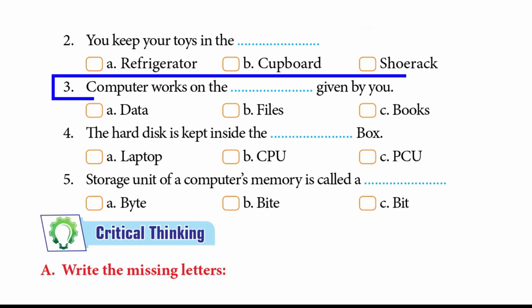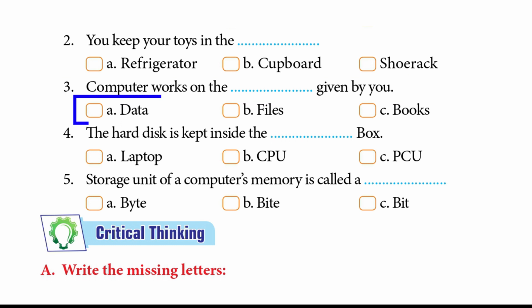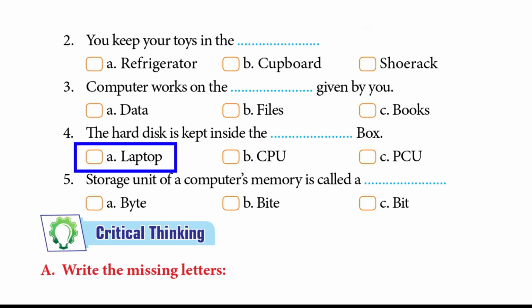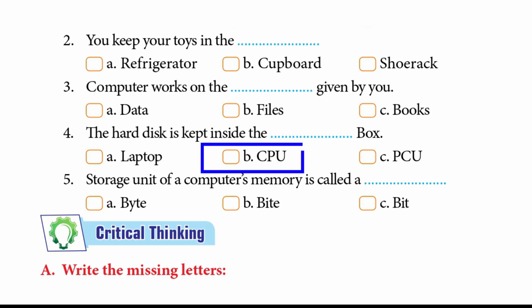3. Computer works on the dash given by you. A. Data. B. Files. C. Books. Answer: A. Data. 4. The hard disk is kept inside the dash box. A. Laptop. B. CPU.